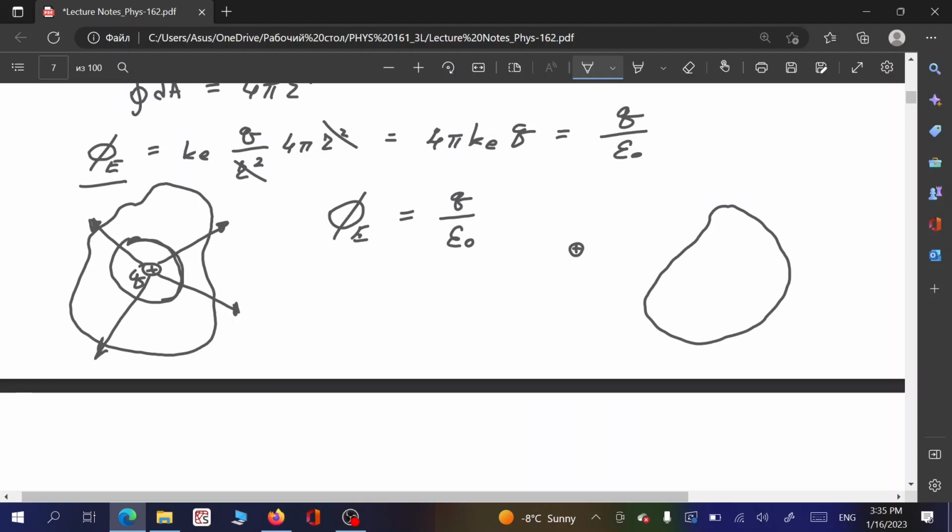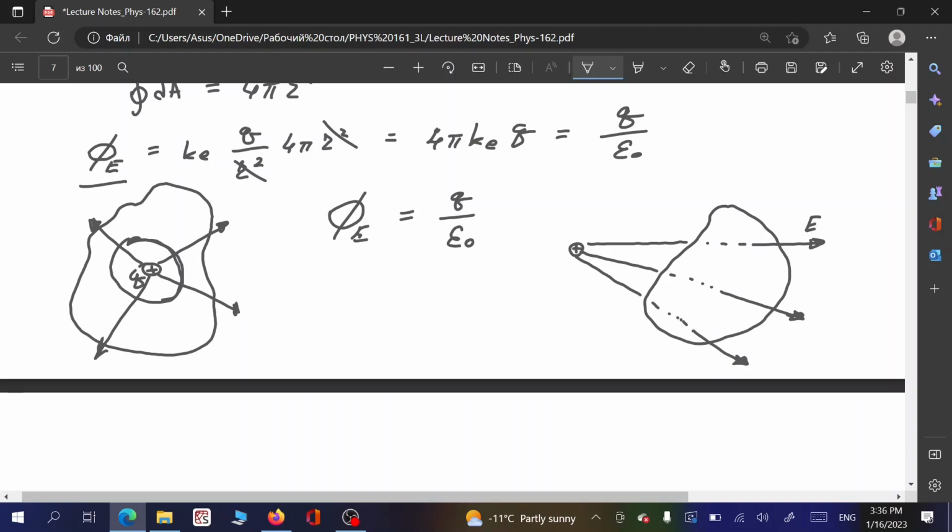So now we don't have any charges inside the surface, and this charge creates some electric field lines which go inside and outside the closed surface. So here are electric field lines, 1, 2, 3.